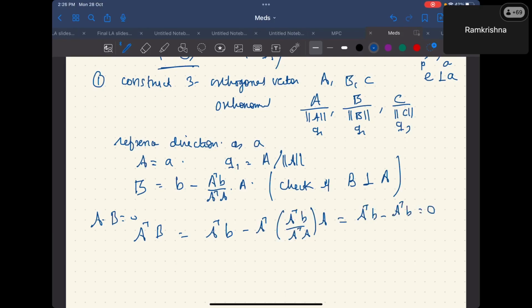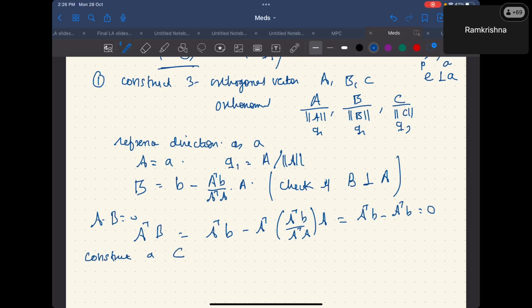Okay, so A and B are actually perpendicular to each other. Okay, this is fine.